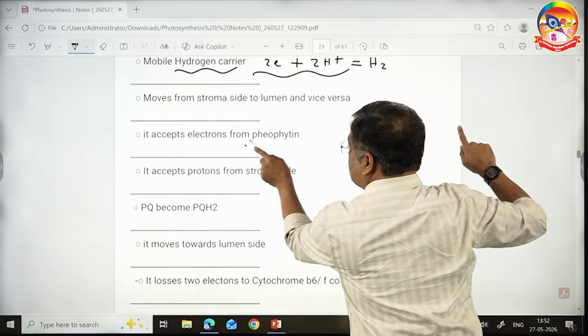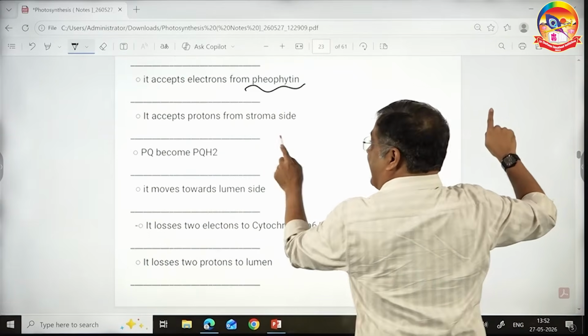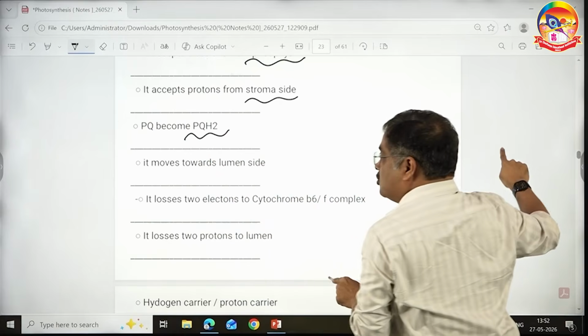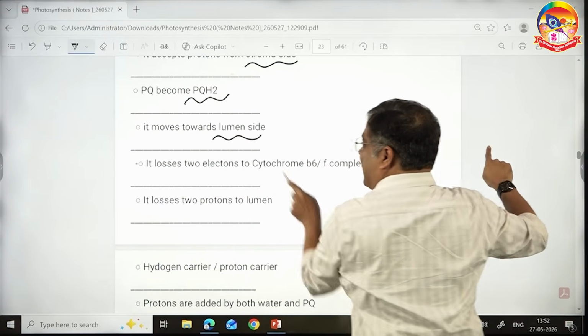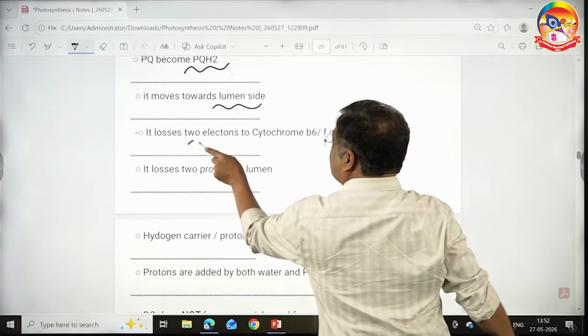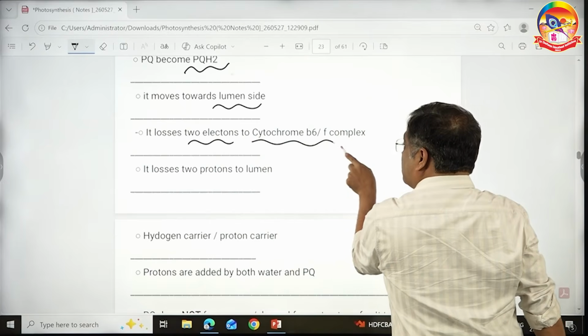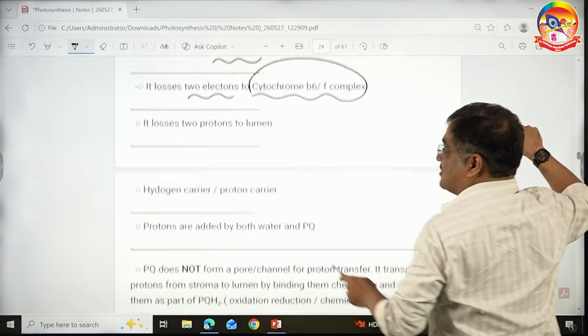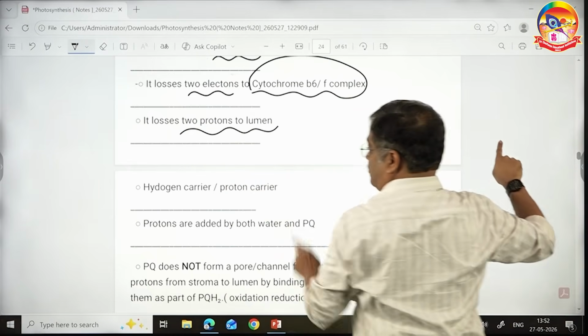It accepts electrons from pheophytin. It accepts protons from the stroma side. PQ becomes PQH2. It moves towards the lumen side. It loses 2 electrons thanks to cytochrome B6F, which pulls the 2 electrons. In this process, the 2 protons are added to the lumen.